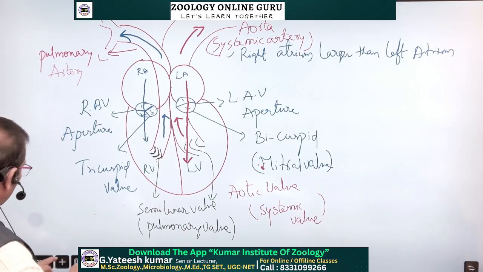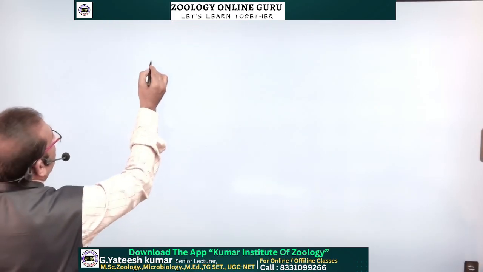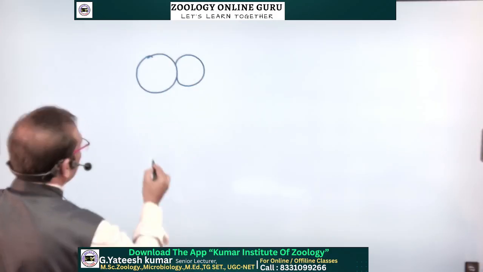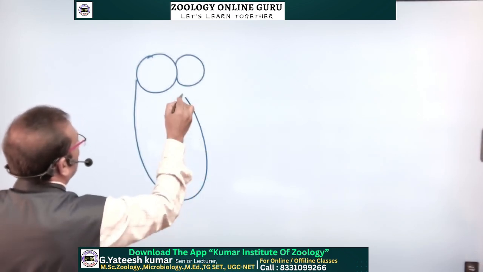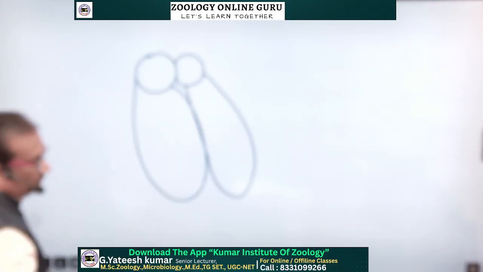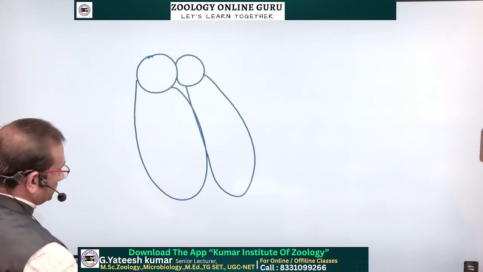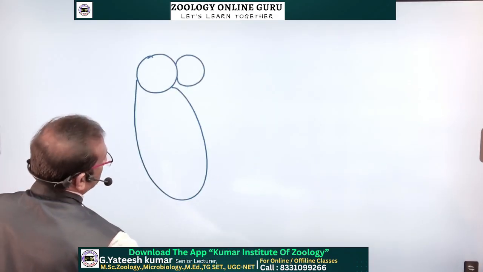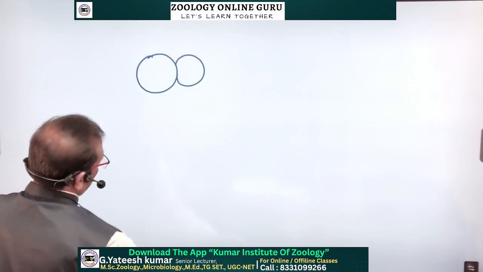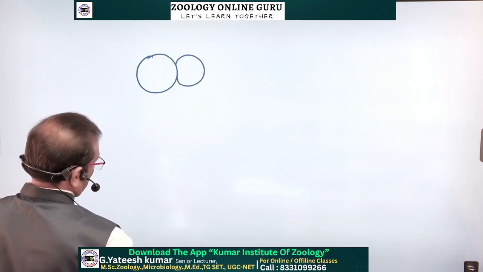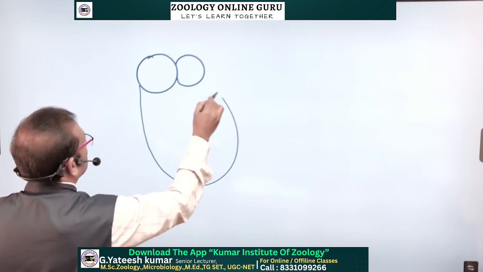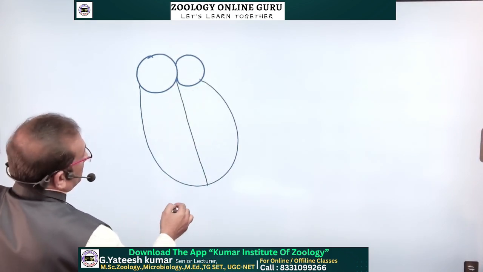And the next topic is ventricles. Next, coming to the ventricles, right atria, left atria, the ventricles.